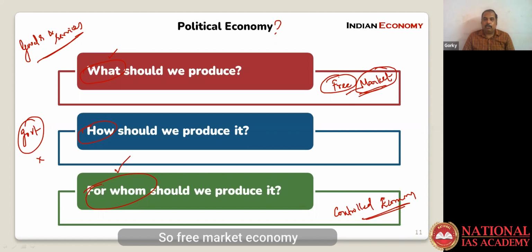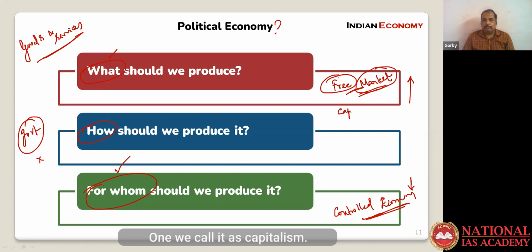So free market economy means what the market says, demands, you do it. Okay, what the government says, you do it. That is controlled economy. So these are the two extremes what we have. Clear? In between these two extremes, there are different types of political economy.